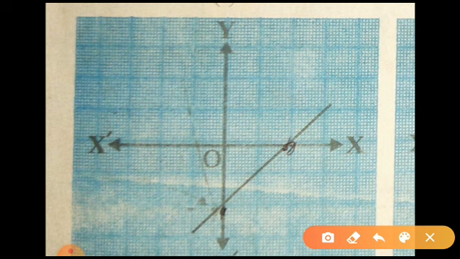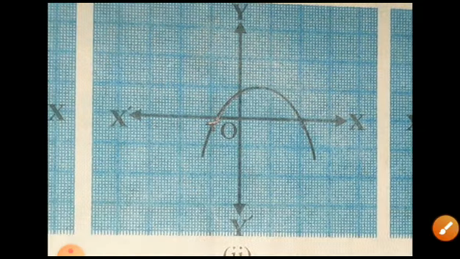Will it be linear, quadratic, cubic? Yes, it's a straight line. That means it should be linear. Now this line intersects the x-axis at just 1 point, and hence the number of zeros will be 1. Now for this, my number of zeros will be 2.